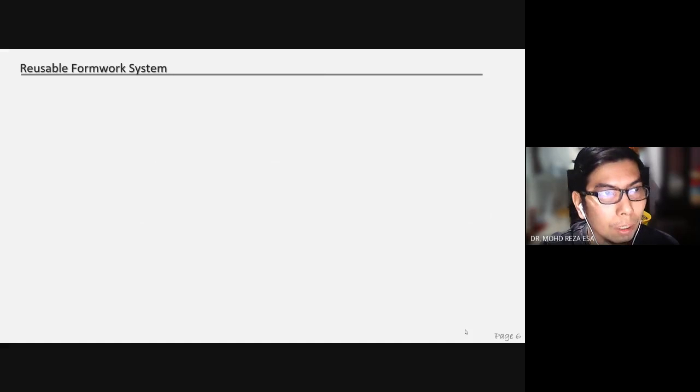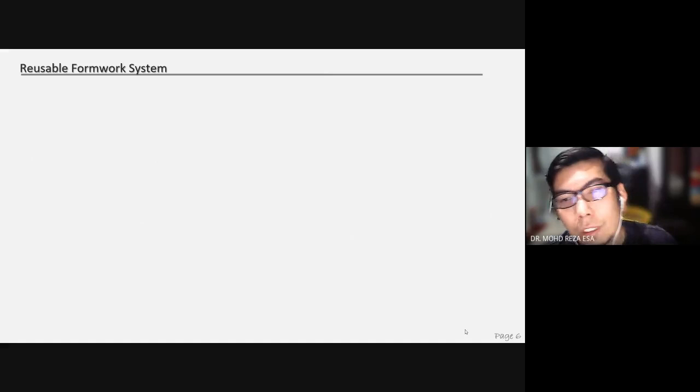Next we look at the details of the reusable formwork system. Just now, on the previous two or three slides, we looked at a little background on the reusable formwork system, especially the reason why it has been considered as part of IBS.